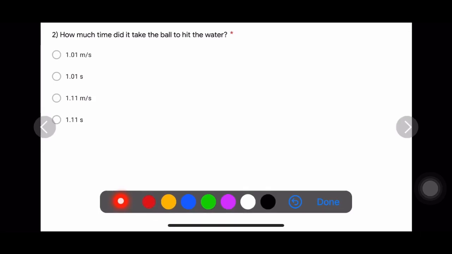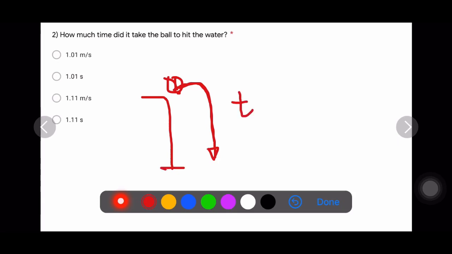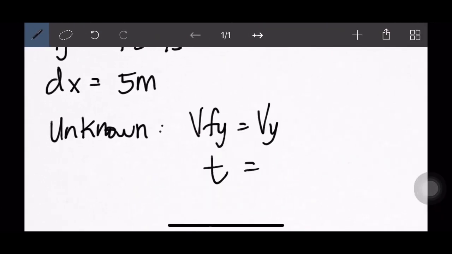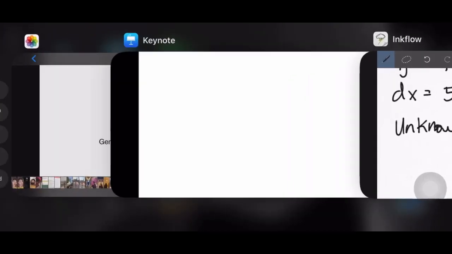Next, how much time did it take the ball to hit the water? From the ledge, the ball is already at the maximum height. As it goes downwards, that is the time from the maximum height going to the ground. So that is our second unknown. And the last one, how high above the water is the ledge?